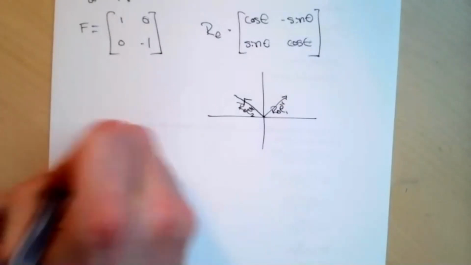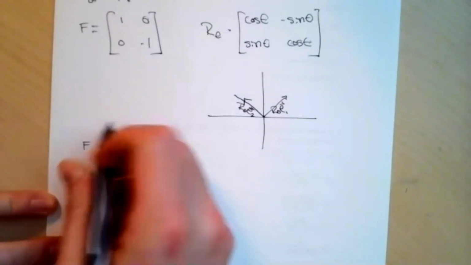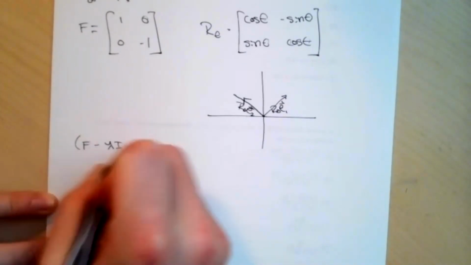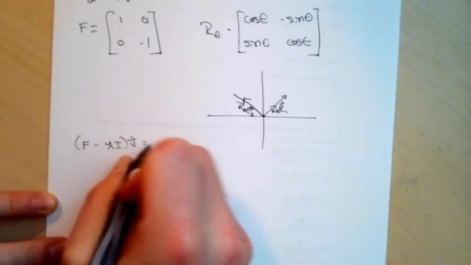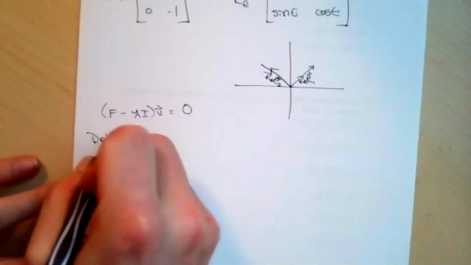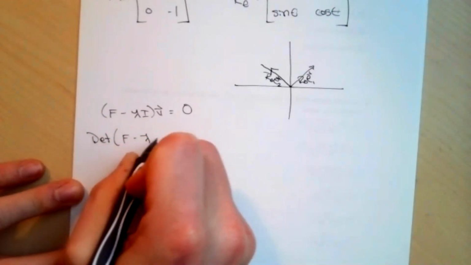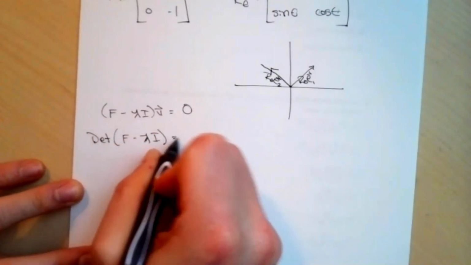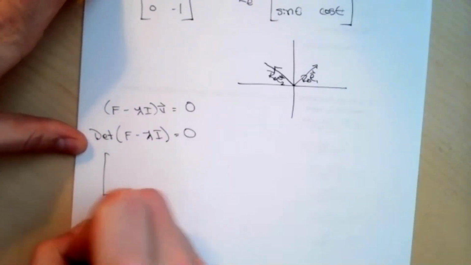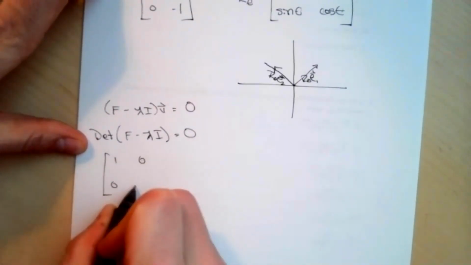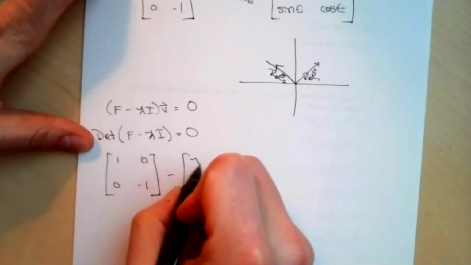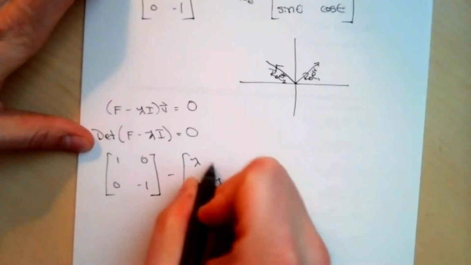So f was pretty easy. If we want, again, f minus lambda times the identity times a vector should give us 0, then I know that the determinant of f minus lambda times the identity is going to be 0. So all you got to do is take our matrix associated with f. We are subtracting off lambda times the identity, which just means we got lambdas on the diagonal.